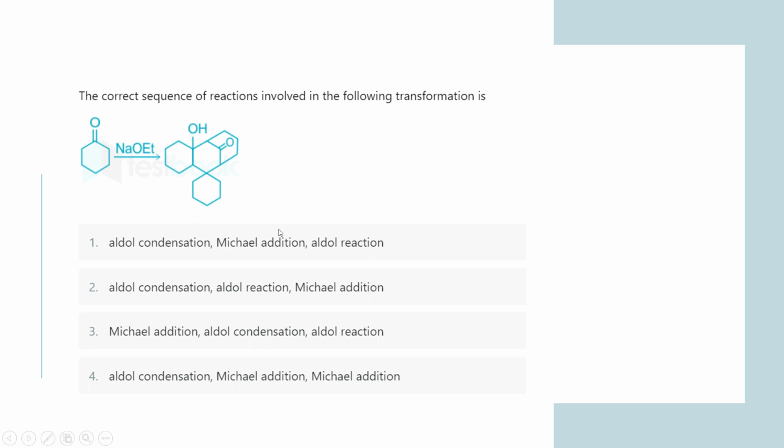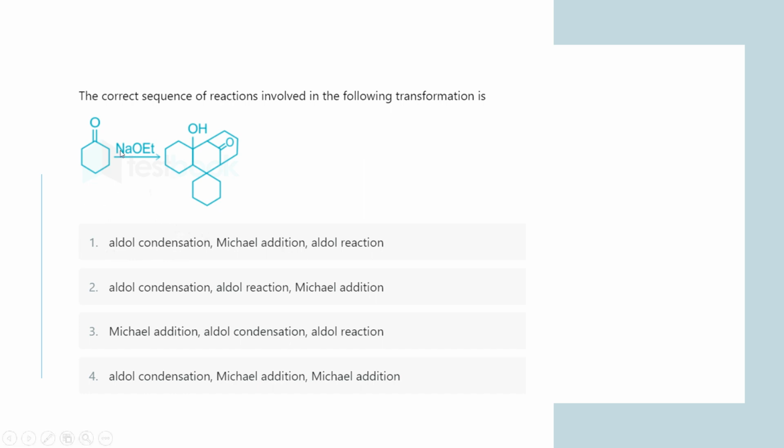To solve this question, you have to first break up this molecule into fragments, and you have to identify what are the reactions that will lead you to the formation of those small fragments which we are going to combine to generate this product. Okay, let us start with option 1, aldol condensation, Michael addition and aldol reaction.